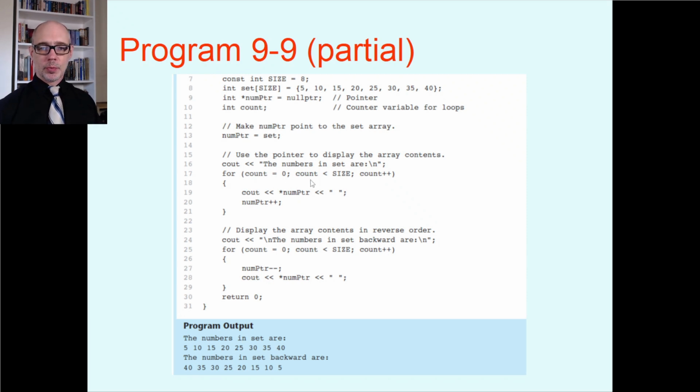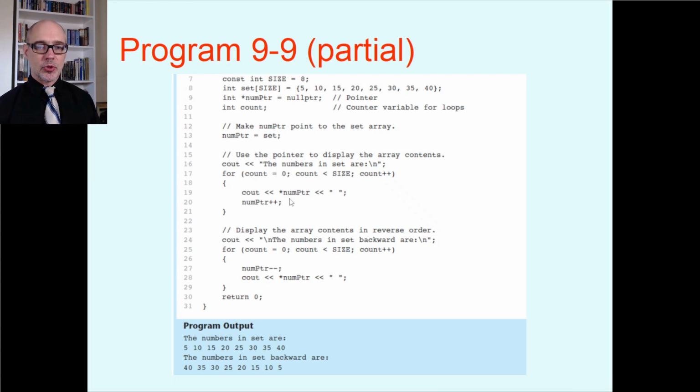So here is a loop where we're going to use the pointer to display all the array's contents, right? And I'm going to count whatever the size of the array is, of course. And what's happening is I dereference num pointer, right? And print that out. And the very first time that happens, you see the 5. And then we increment num pointer, and it takes an integer-sized step further into the memory system, and now it's going to be pointing at the 10.